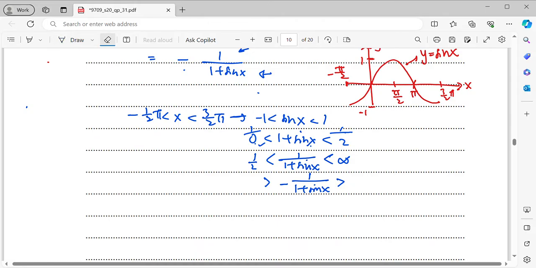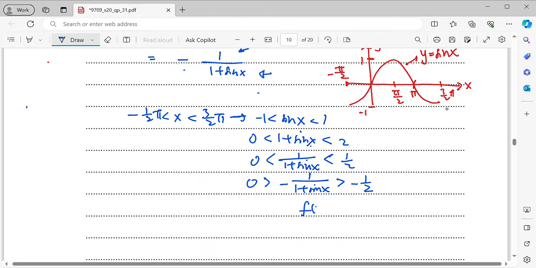That means I will write it is still greater than 0. So here will be 0, then this is half. So when I multiply by a negative, I will change the sign. So that means it will be 0 here. This is negative half.